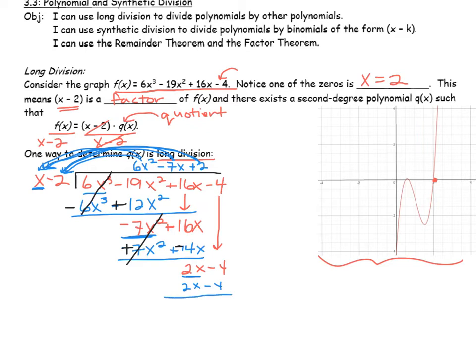Now when we subtract each term out, that becomes negative for 2x and positive for 4. Everything actually cancels, and we get a remainder of 0. That means x minus 2 goes into the polynomial evenly, and our quotient, q of x, is just the part that's left over: 6x^2 minus 7x plus 2.